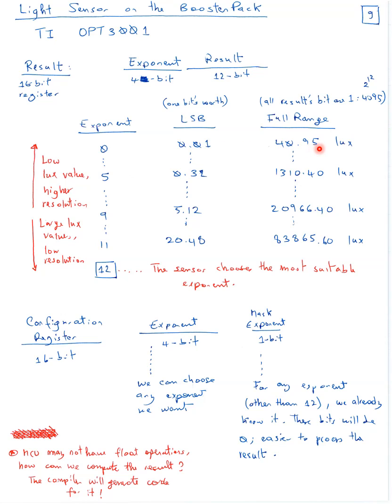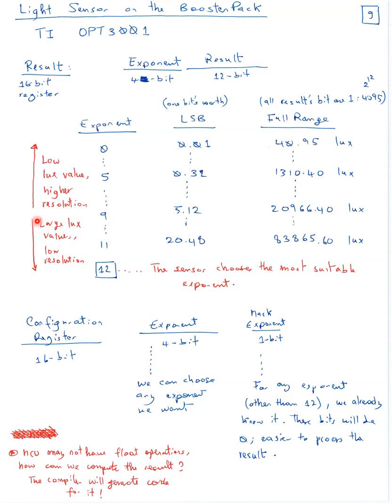So the value earlier than this would be 40.94, 40.93, 40.92. So this will be our incrementation step, which is a very good resolution. So if you want to have a great resolution, the problem is we're going to be limited to measuring small lux values.